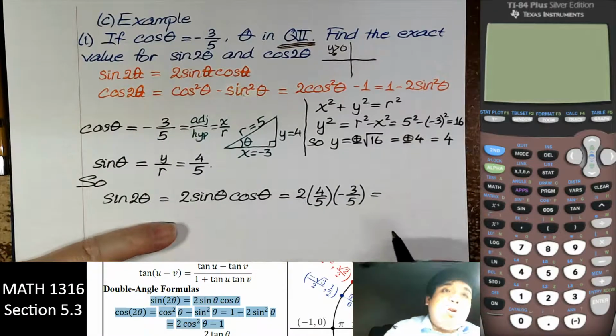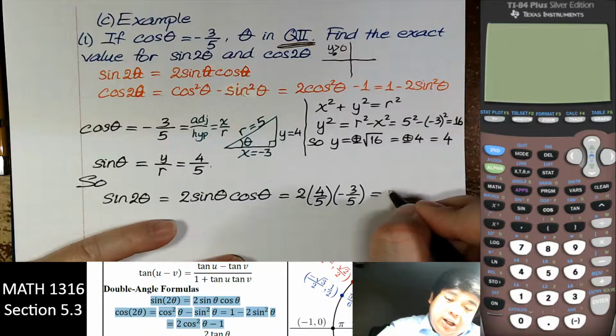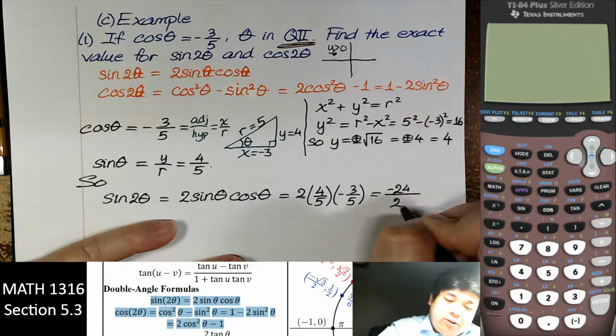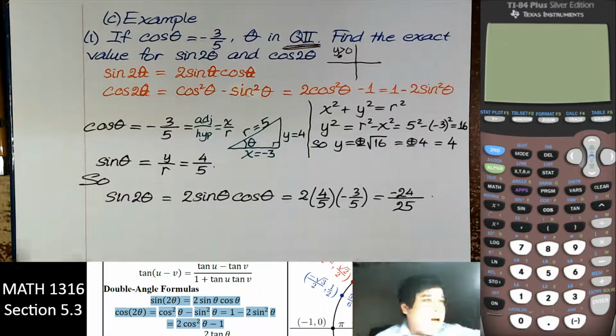When we multiply across, 2 times 4 times negative 3, negative 24, over 5 squared, 25. So we have sine of 2 theta.